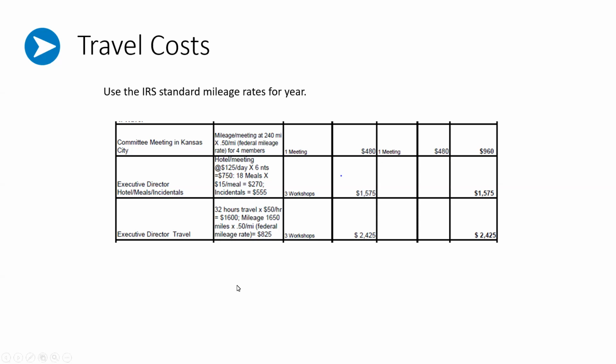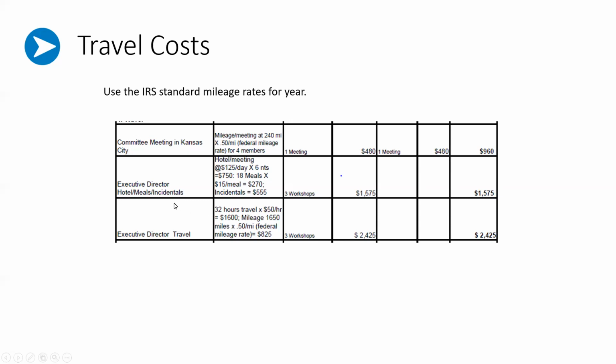In this case, there was a committee meeting in Kansas City for this grant, and our mileage for the meeting was estimated at 240 miles. In this case, we used 50 cents. This was an older grant for 4 meetings. And so we came up with the separate years. These were separate years of a total of $960.